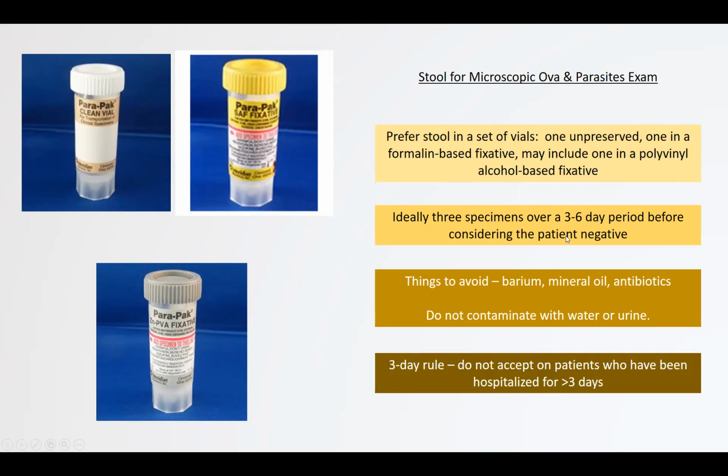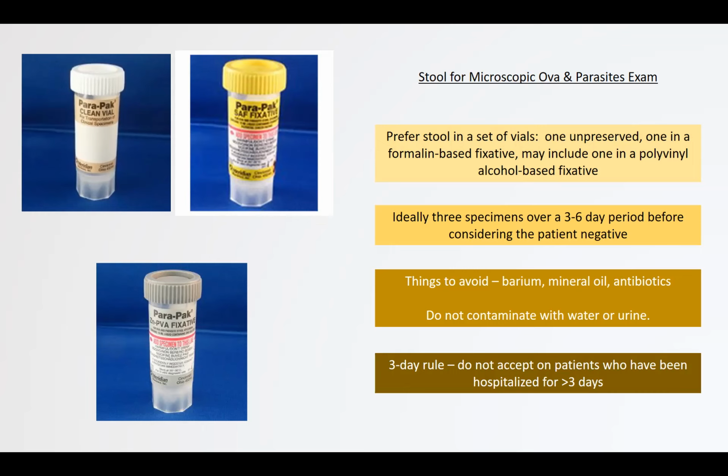Big rule with parasitology is we really want 3 specimens over, this says a 3 to 6 day period, but you could say more like a 3 to 10 day period before you really decide that that patient does not have parasites. The reason is the O&P exam for some bugs in particular is not particularly sensitive.